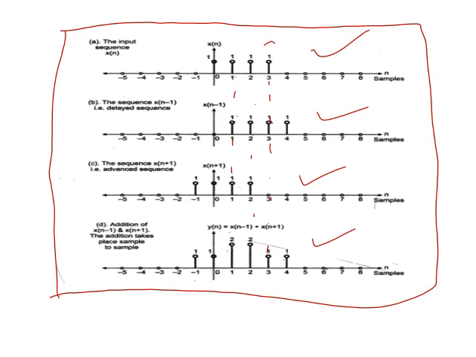At 3, the amplitude level is 1. Okay, but what we have to add? We have to add x of n minus 1. So we will consider only these two signals B and C. So at 3 there is 1, at 3 there is 0. So 1 plus 0 is 1. Similarly, at 4 there is 1, at 4 there is 0. So again 1 plus 0 is 1.